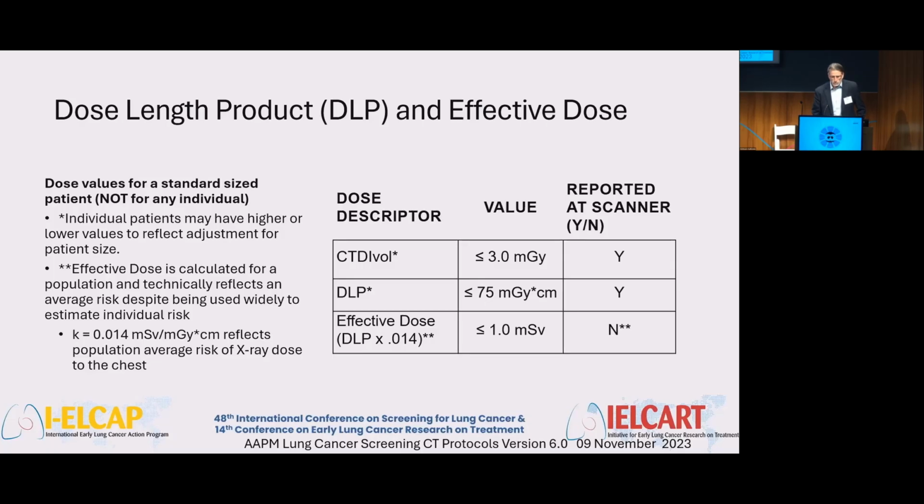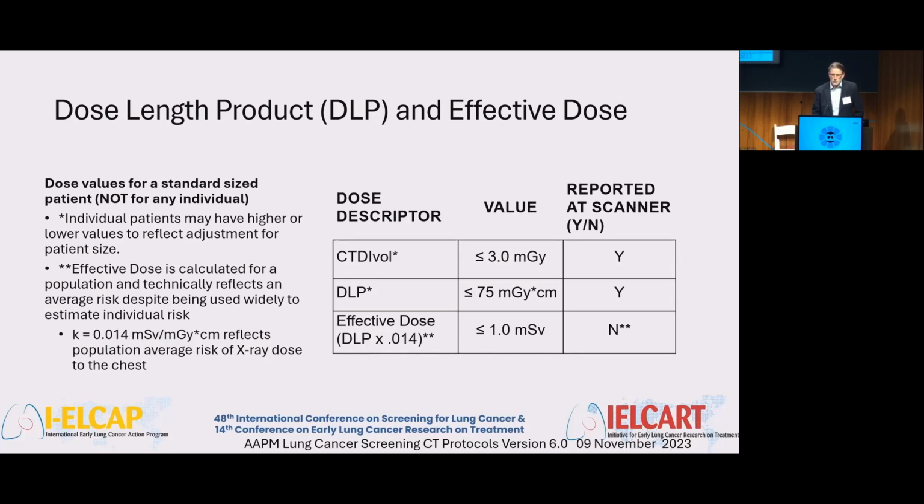The next step towards trying to get to a dose for an individual patient is to use this conversion factor, which enables us to calculate the effective dose. These numbers are actually generated for the average patient, though, and they're population based, right? So actually calculating the dose to a given individual patient requires accounting for the patient size, and then ultimately probably also patient specific factors.